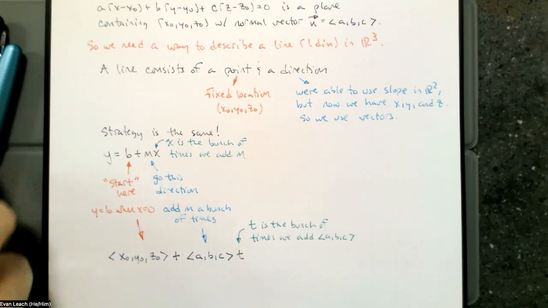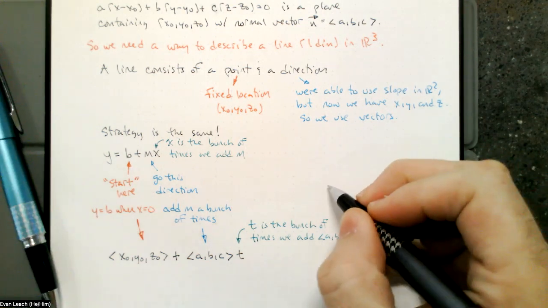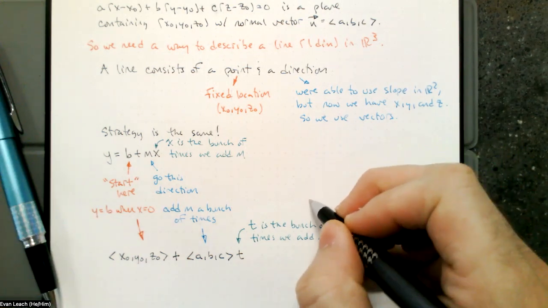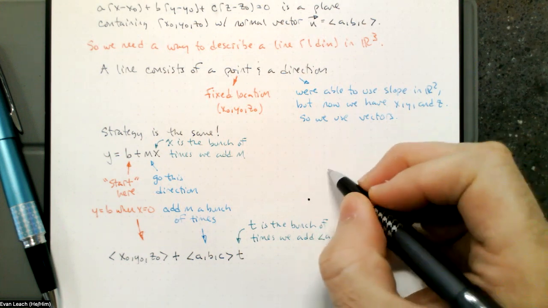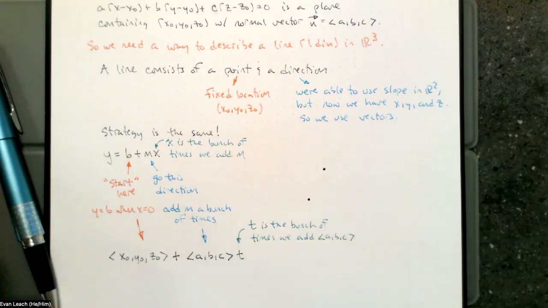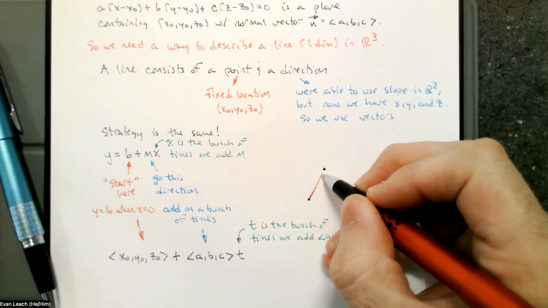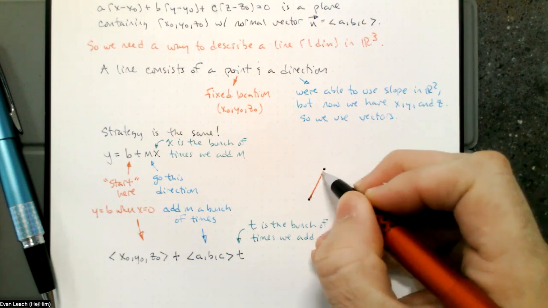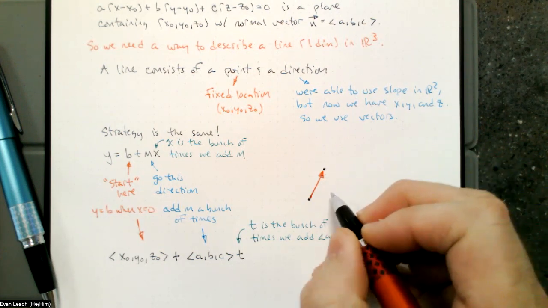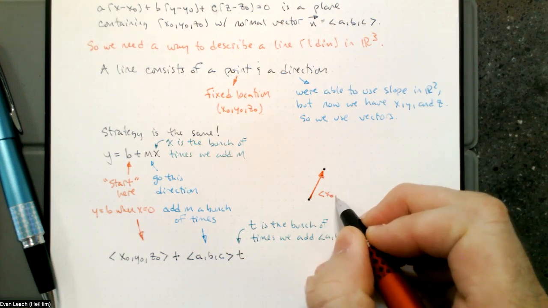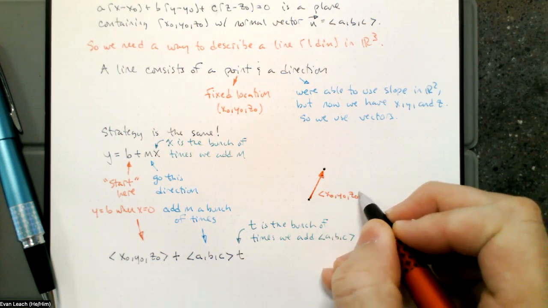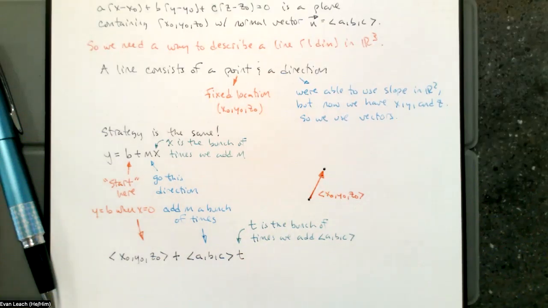If we draw a picture of this, we have the origin. And then we have some starting point that we're imagining as a position vector. And then from that point, we go in the direction ABC a bunch of times.